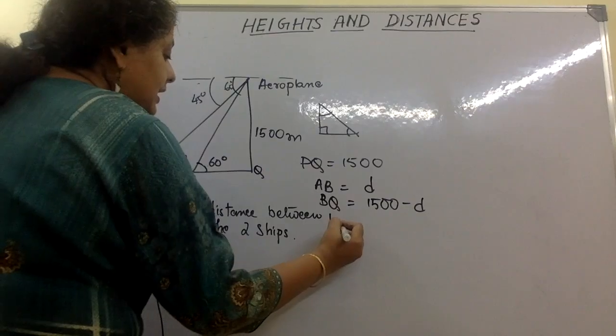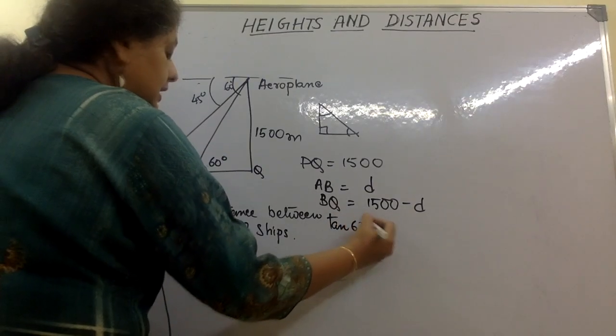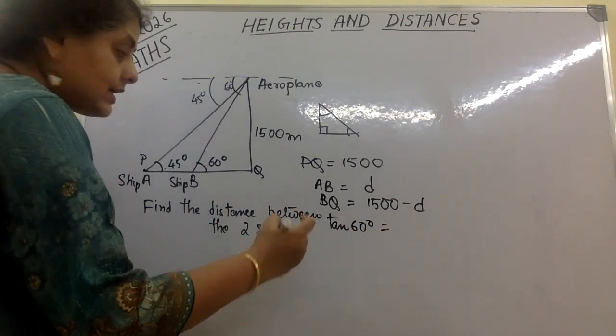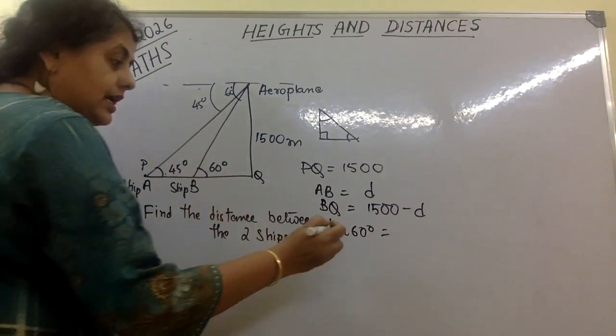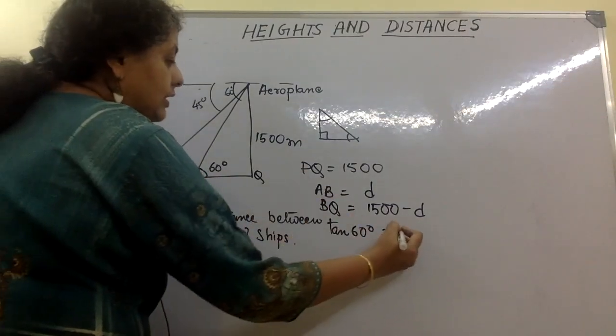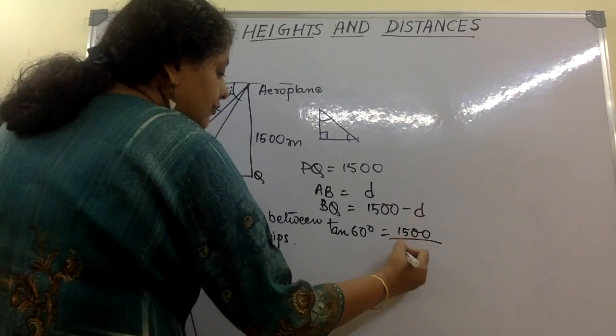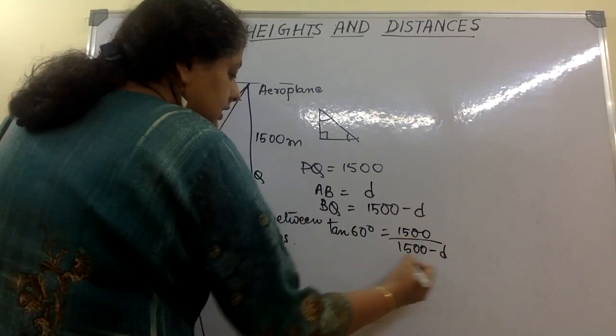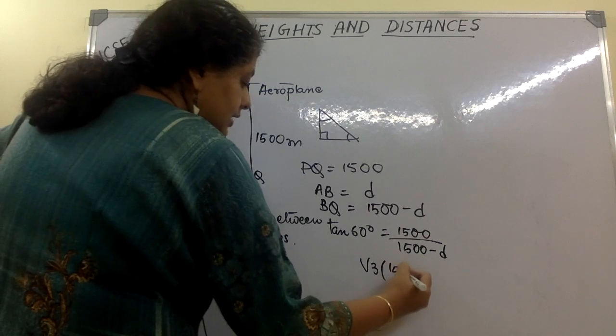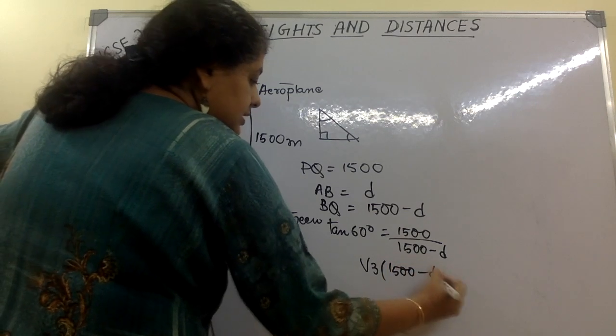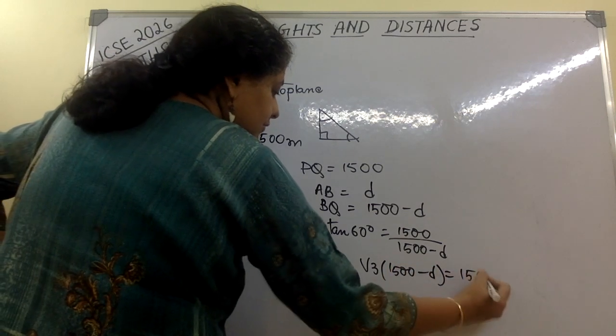Now let's do tan 60. Tan 60 is 1500 by (1500 minus D), which is root 3. So root 3 into (1500 minus D) is equal to 1500.